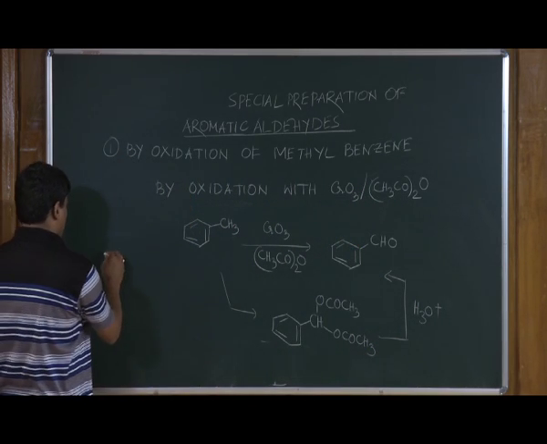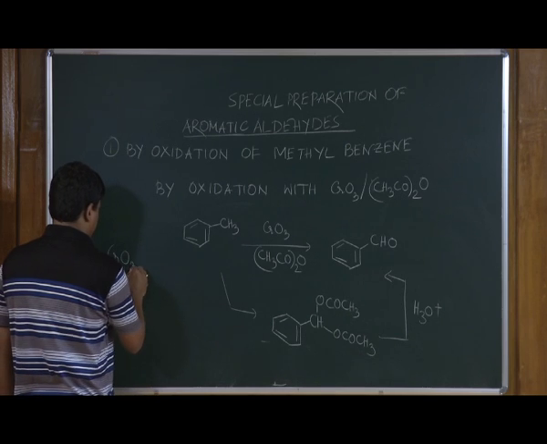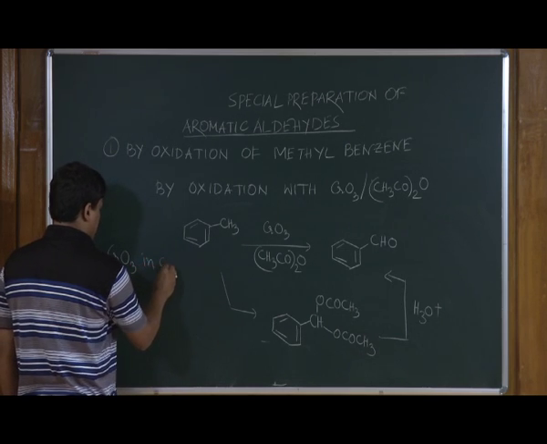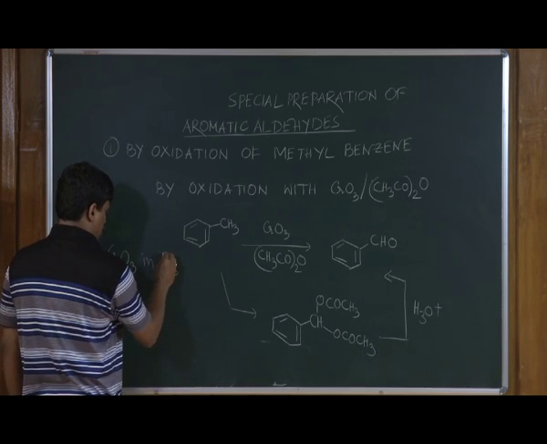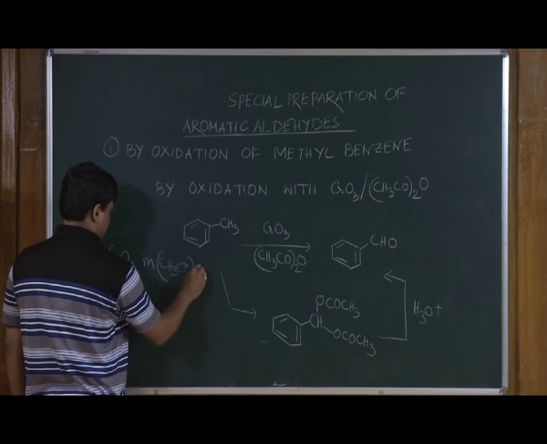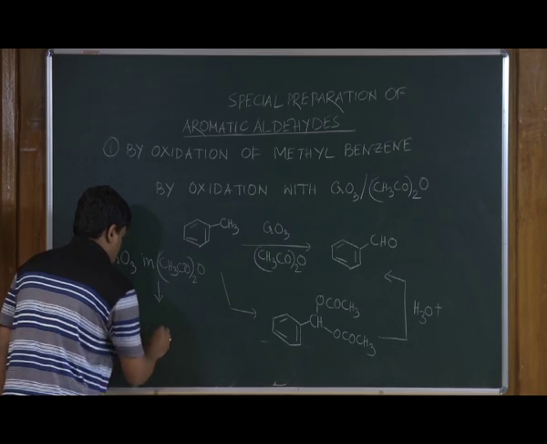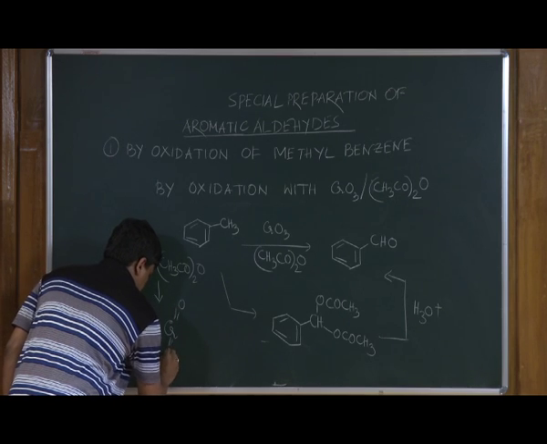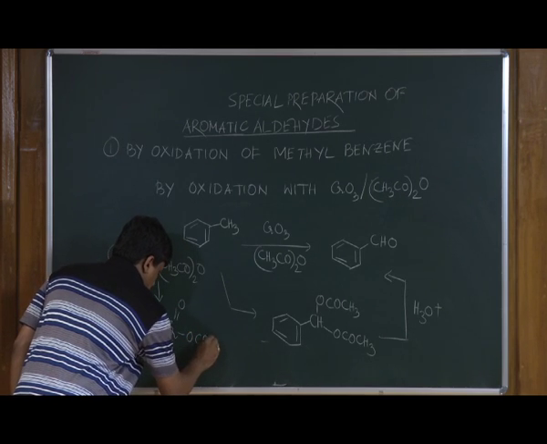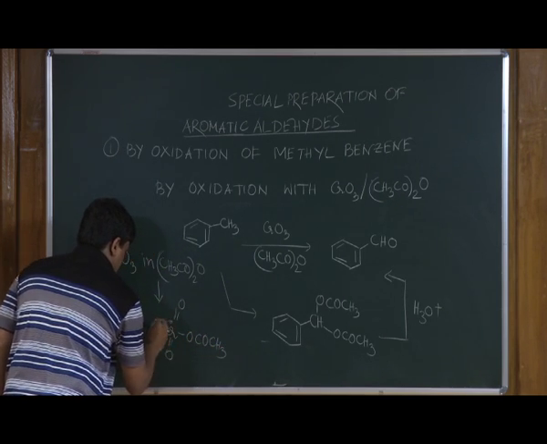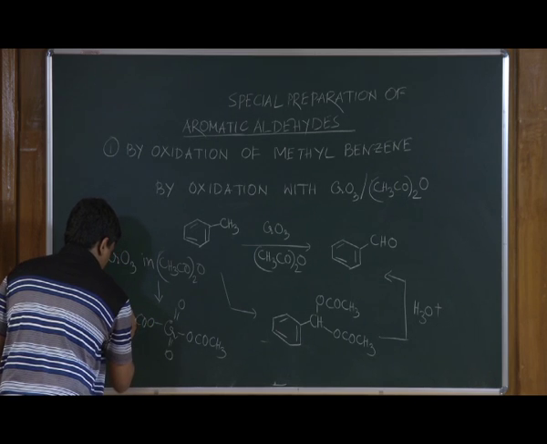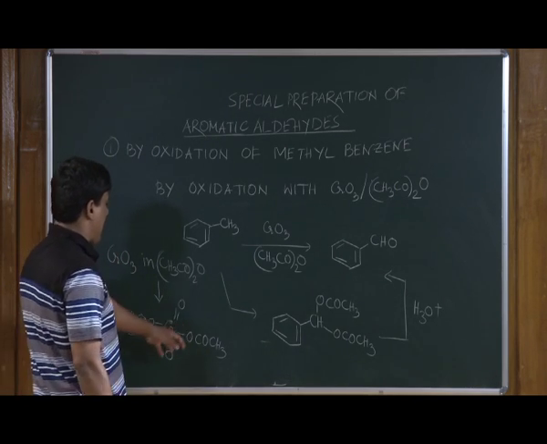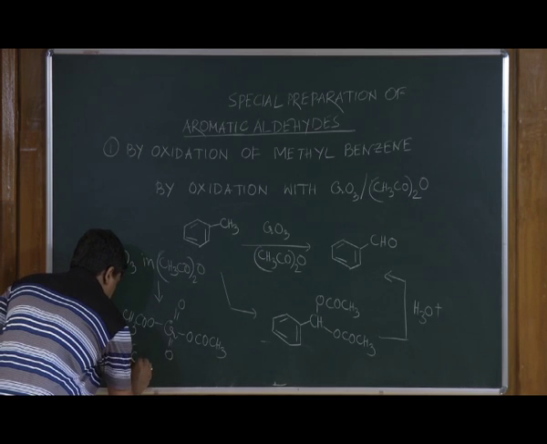So, chromium trioxide in acetic anhydride forms chromyl acetate.